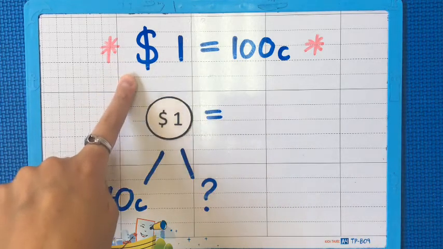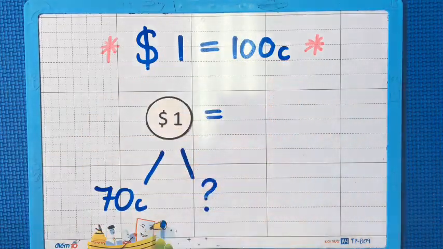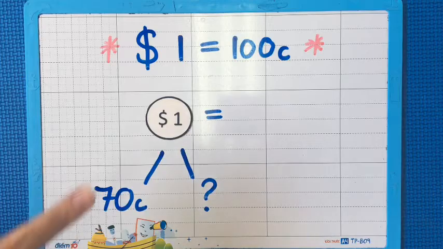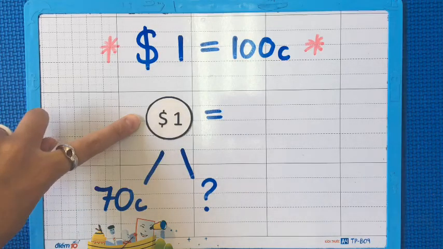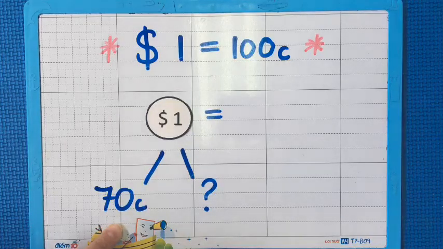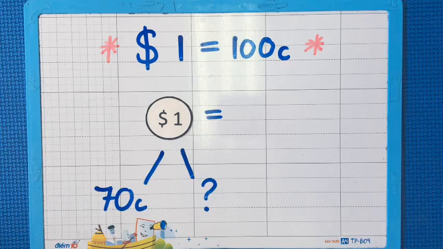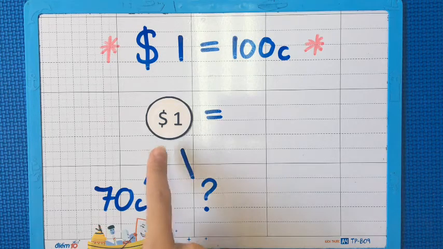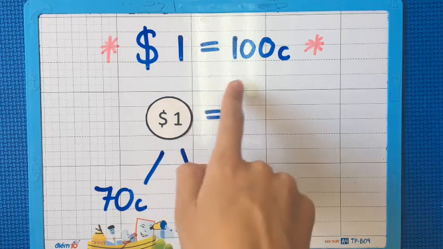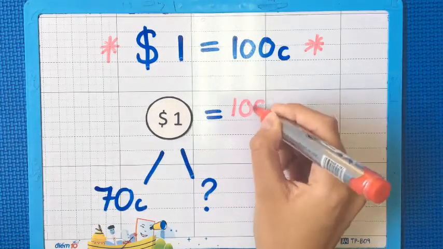Dollars are much bigger, cents are much smaller. So what we are going to do is change the dollars into cents, so that we can do a sum. We know $1 is the same as 100 cents.